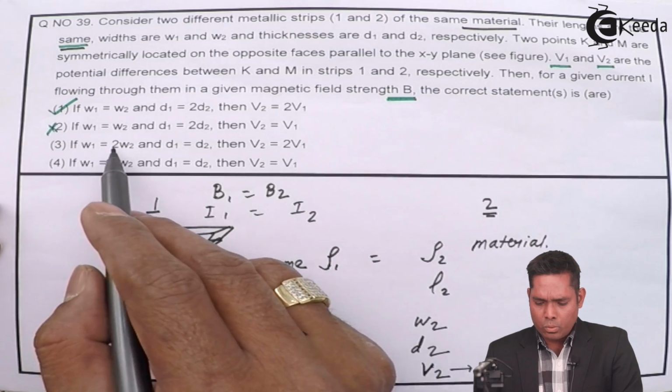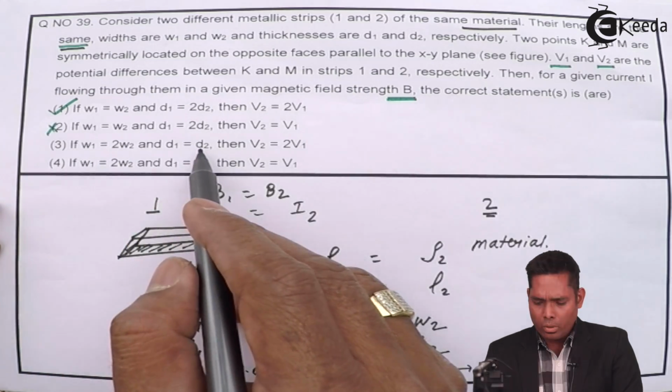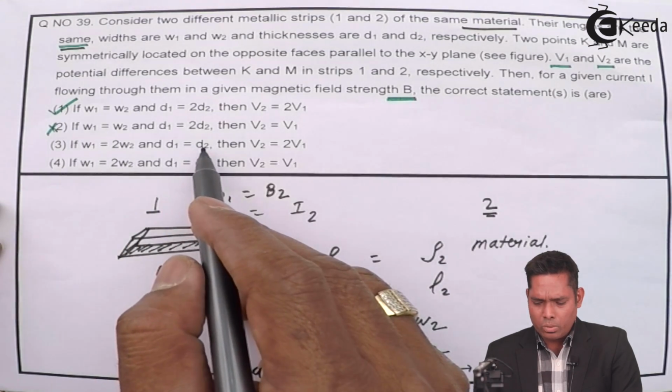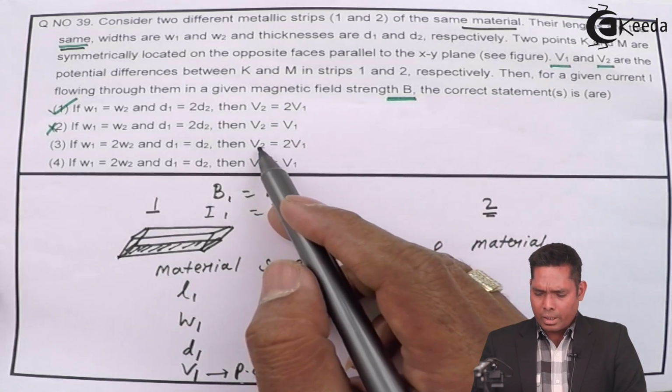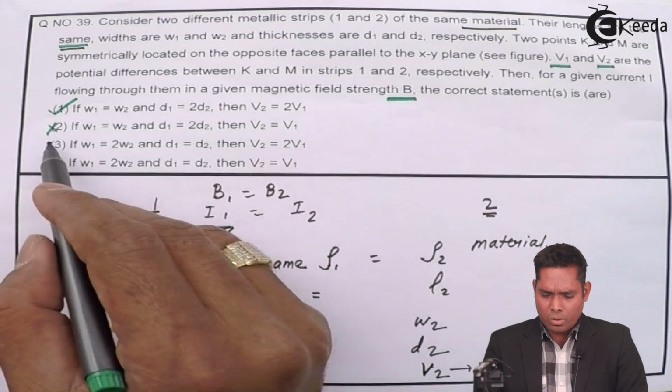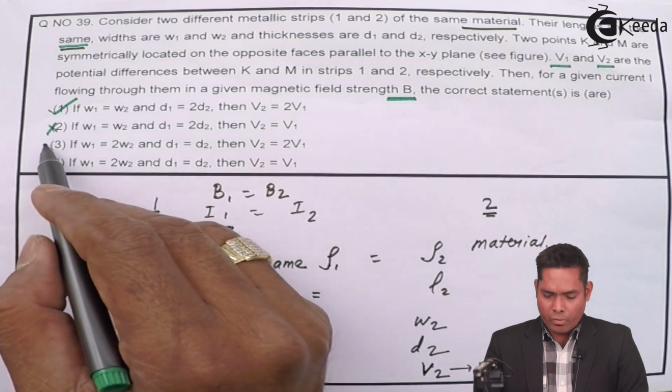We'll see option number 3. If W1 is 2W2 and D1 is D2, then V2 cannot be equal to this. This option is also not right.